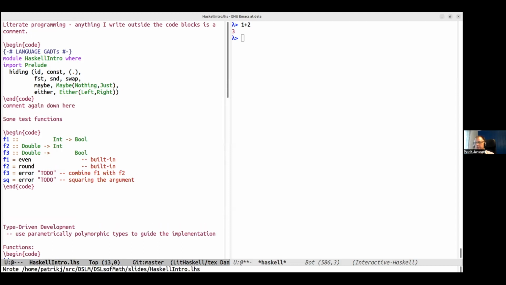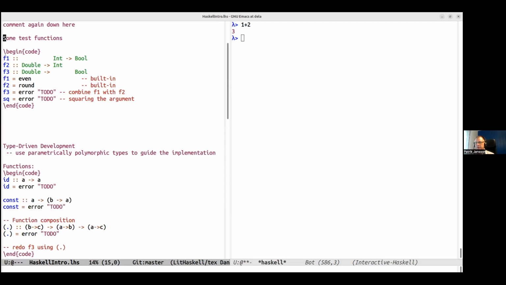That's just to make sure that there is plenty of space for explaining the code and not only typing code. And this first code block is something I will actually not really explain. I would just say that it's part of the first few lines of a file that you would have to add if you have certain requirements on what you want to import and what you want to use and so on. So I will now hide that part and focus on starting slowly with some test functions.